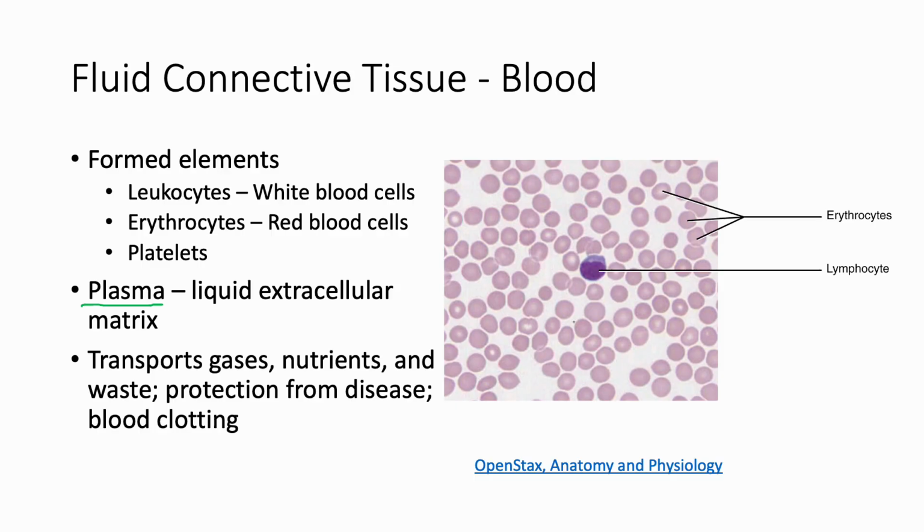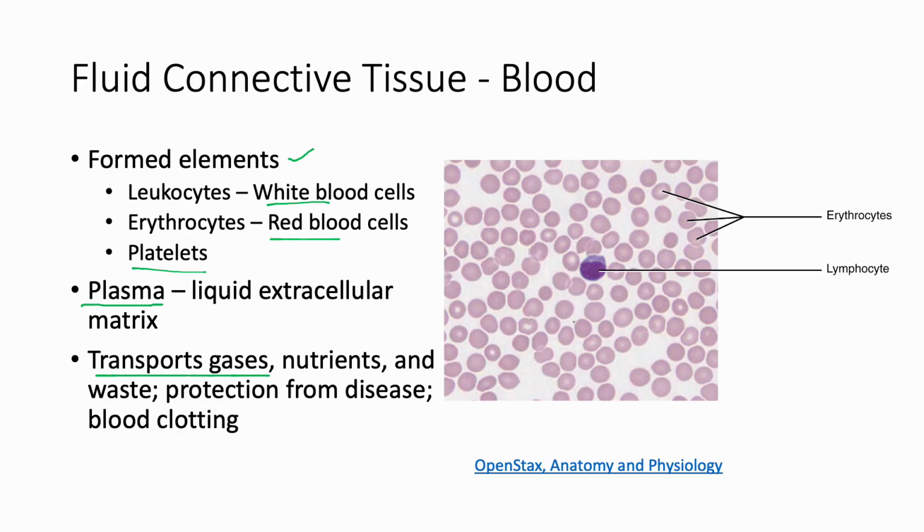Now, blood also has what we call formed elements. So this includes cells and platelets. So the cells come in the form of either white blood cells or leukocytes, which we've talked a little bit about the presence of leukocytes in other tissues, and red blood cells or erythrocytes. So our red blood cells are important in transporting oxygen to our cells and tissues.